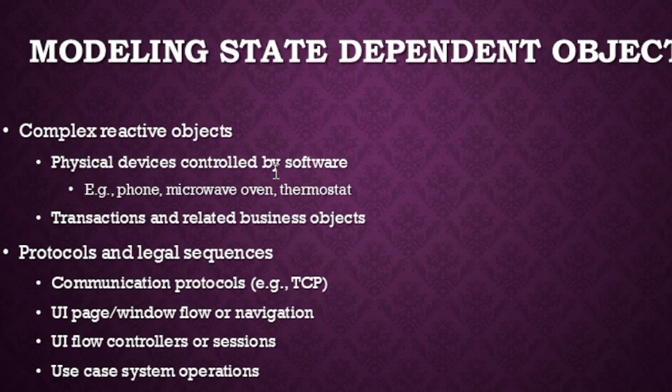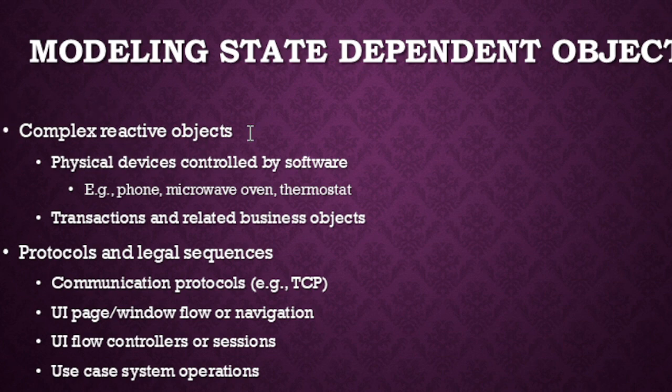Maybe physical devices controlled by software. Let's suppose physical devices having embedded software, whether it might be a car, a washing machine, an electric oven, or any other physical device that is being controlled by software.